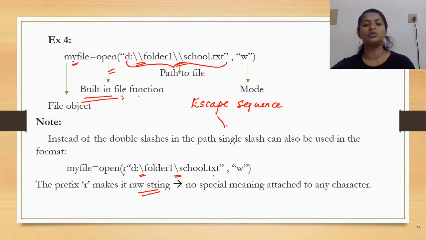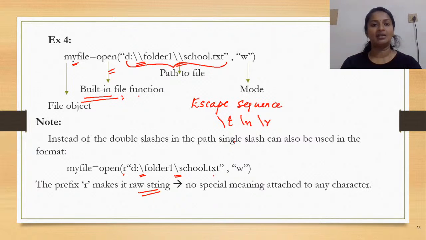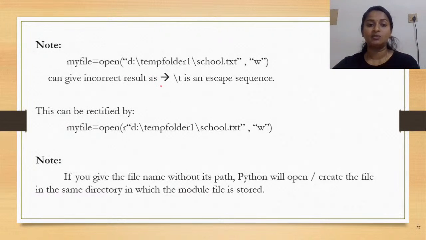For the time being, we are just going to see backslash t, backslash n and backslash r, right? Backslash n and r are the new line and carriage return, similar to the enter key, and backslash t is for the tab. So when you give a slash and then a character which has a special meaning, which indicates an escape sequence, what will happen? Definitely an error is going to arise here, right? So in this case, the system should not get confused. See, if I'm not mentioning it as a raw string, what happens?